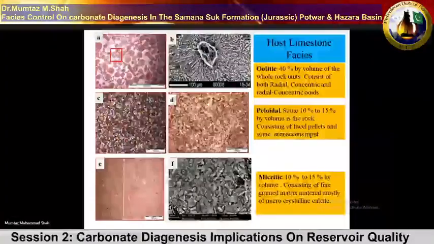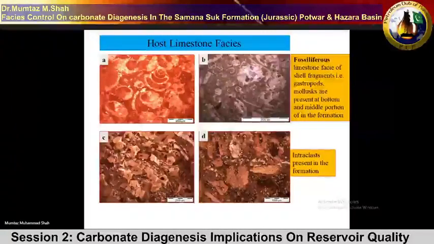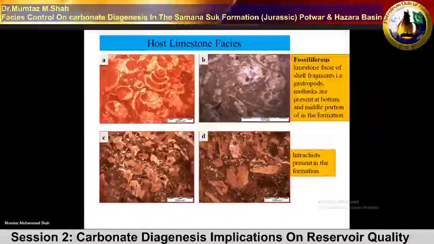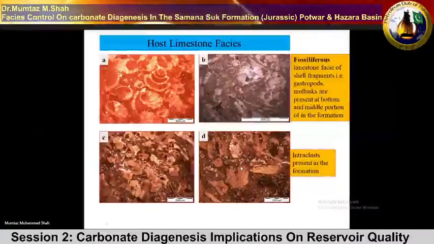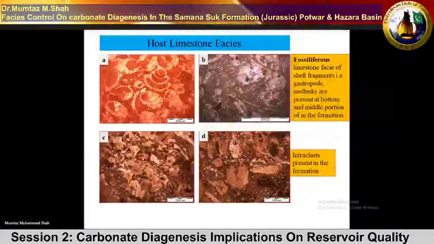A bioclastic nature is a typical characteristic of this particular limestone, with some early dolomite formation. We can see these rhombic crystals of dolomite. We can clearly see them.